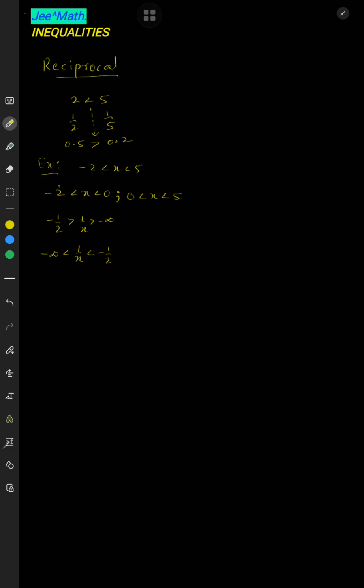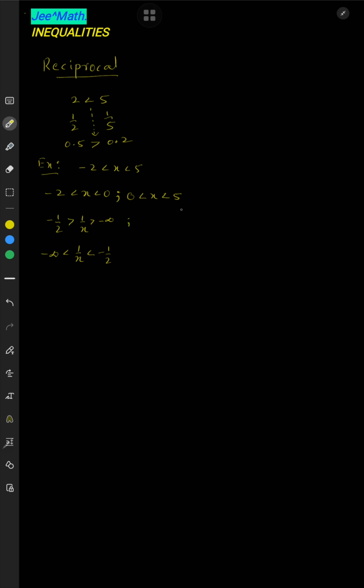So you can change the inequalities, or you change the positions: whatever you get after the reciprocal, you write on the left side or interchange the positions. That is also fine.